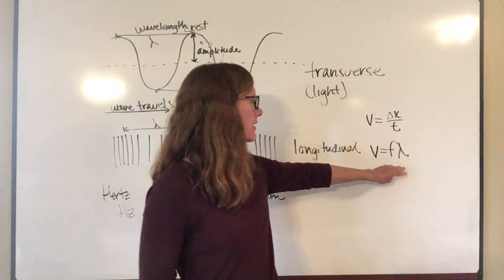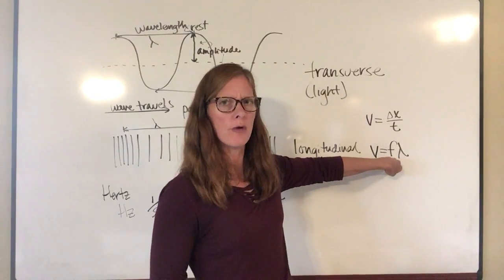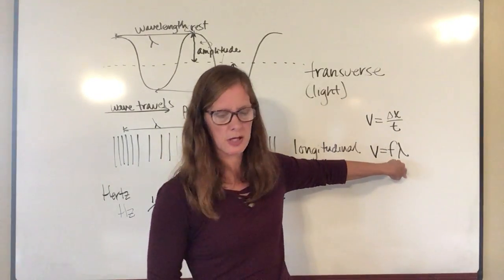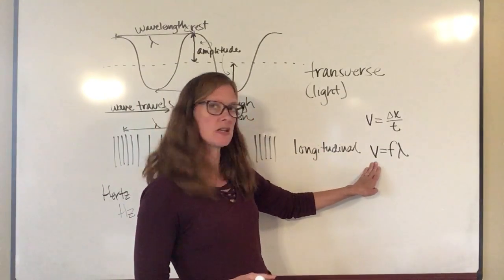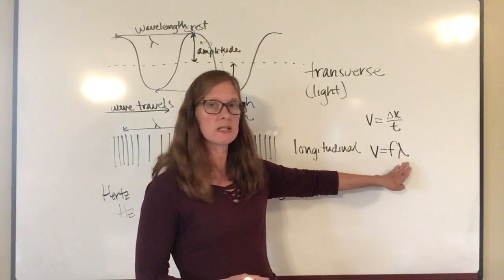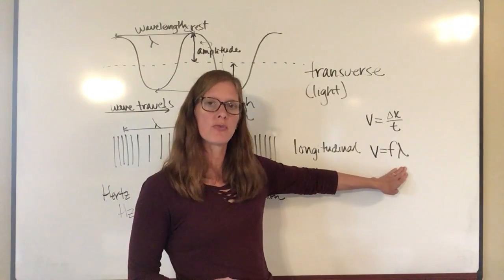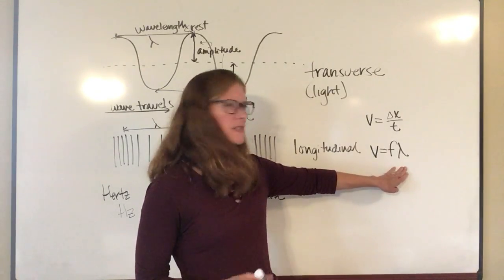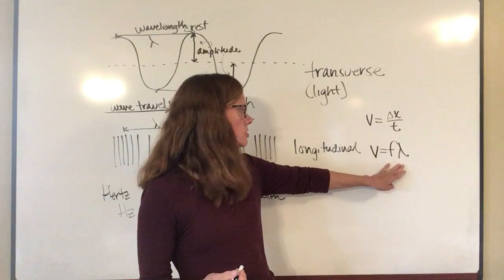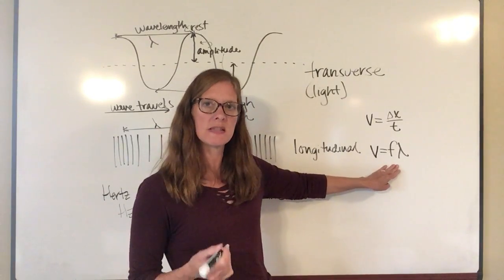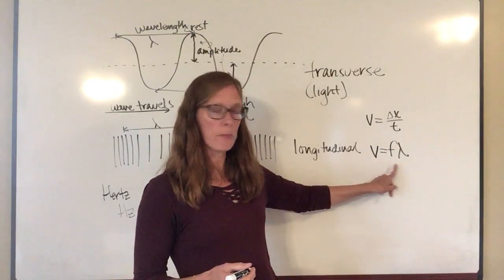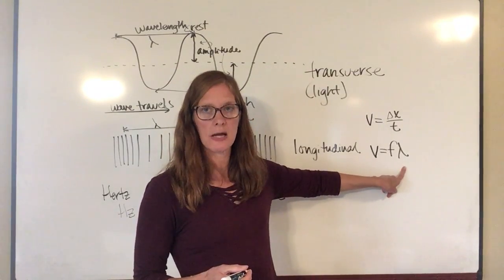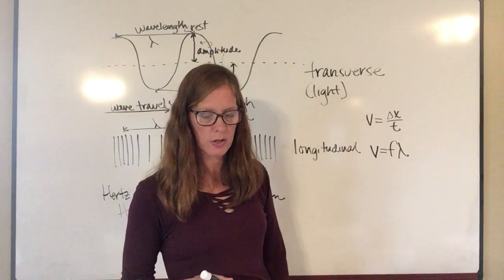I think he sets it either equal to frequency or equal to wavelength. I prefer to say that the velocity of the wave is equal to the frequency times the wavelength. It's the same equation he gives you, I've just rearranged it. I like it this way because then it's easier to see that as the frequency goes up, the wavelength's going to have to go down. So they're inversely proportional to one another.